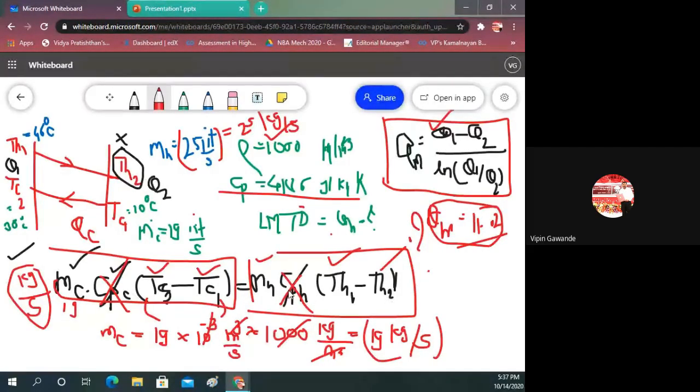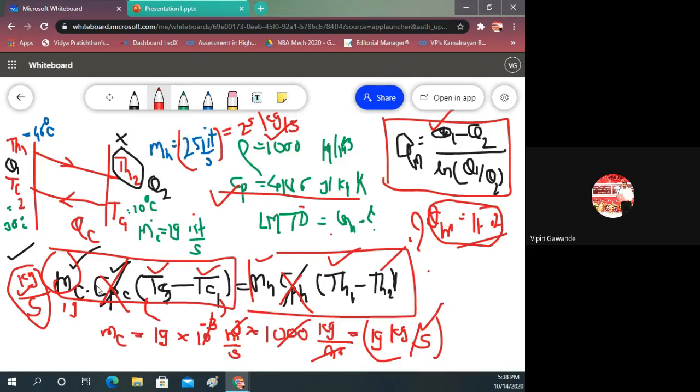I have cancelled out these two terms because both the fluids are water, so the specific heat gets cancelled. It is the same for both the fluids. Mass flow rate is given in liter, so I have to convert that into kg per second. So I have multiplied it by 10 raised to the power minus 3 meter cube per second, and then multiplied by density. So that comes in kg per second.